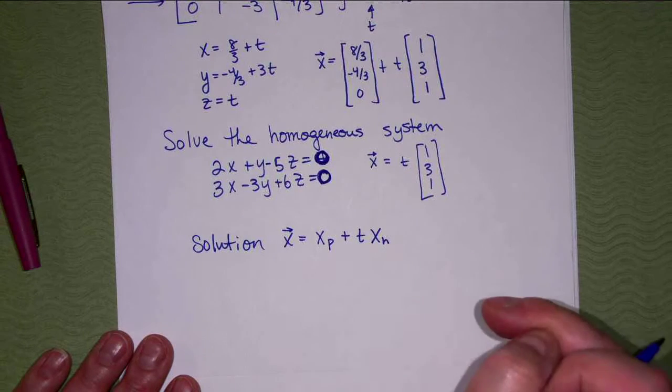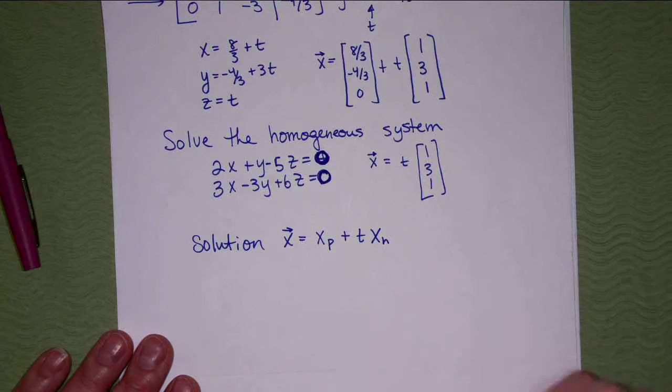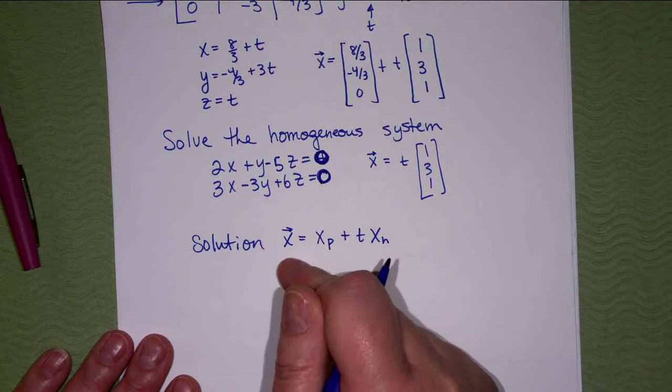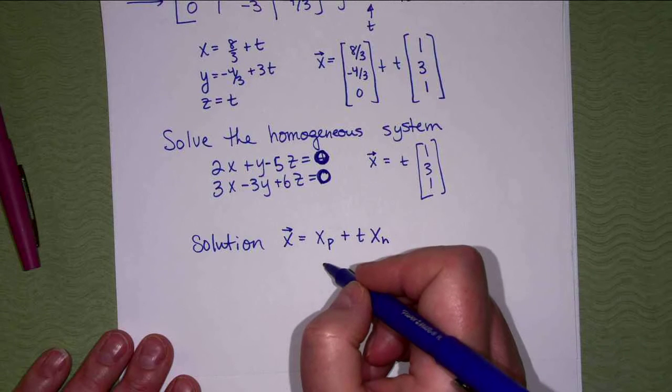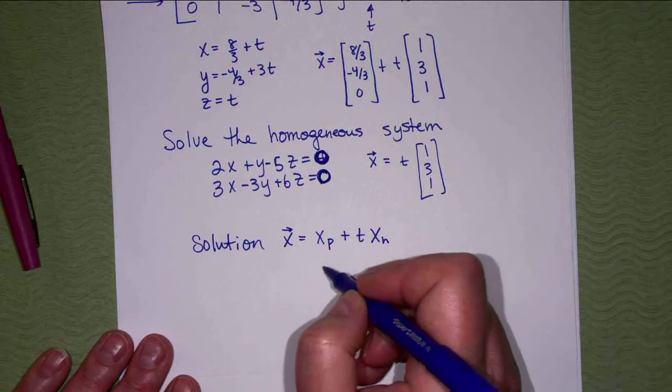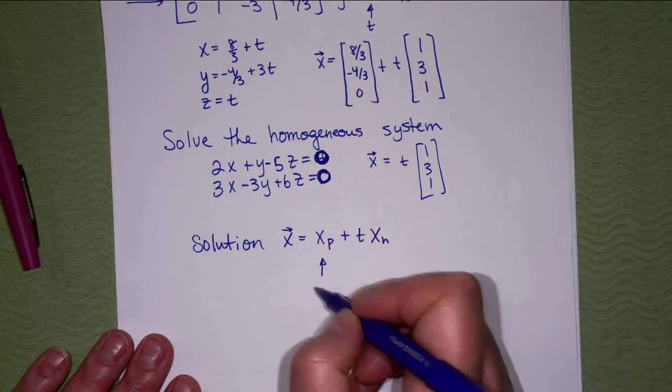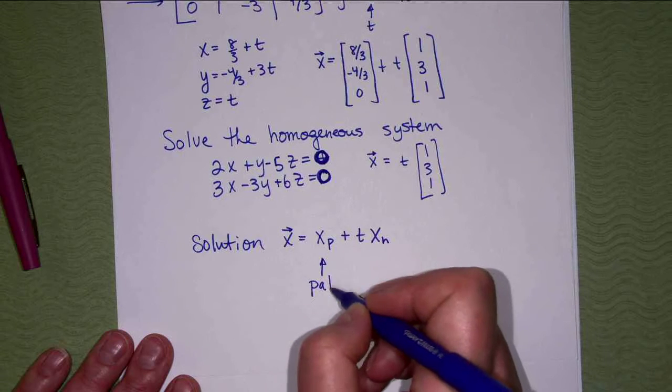P is the point, but it actually stands for particular solution. So it's like one possible solution to the system. Yeah, I know. Point. Just remember it's point. Doesn't really matter, right? So this is the particular solution.